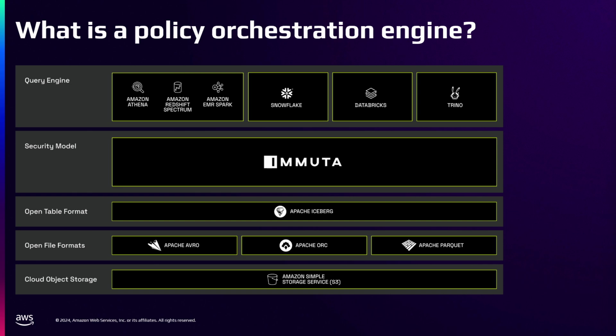We are pushing these policies in and orchestrating them based off of policy changes, user attribute changes from the IDP, as well as data attribute changes that could come from a business catalog or business glossary. It could come from you changing them in our product, or any number of other ways.